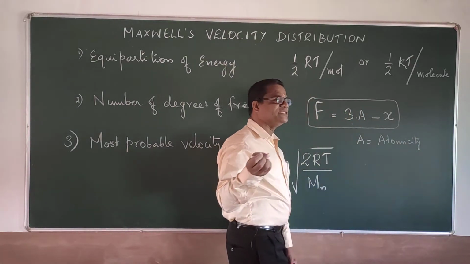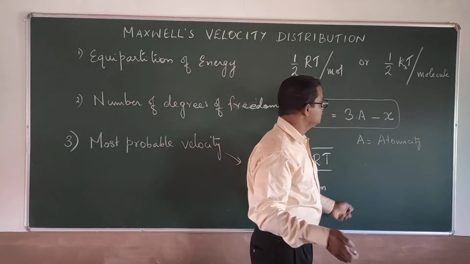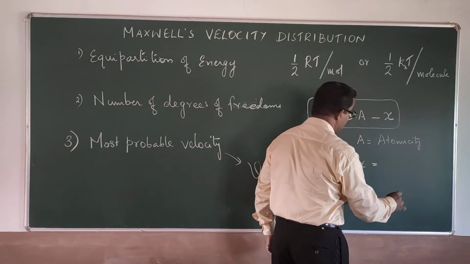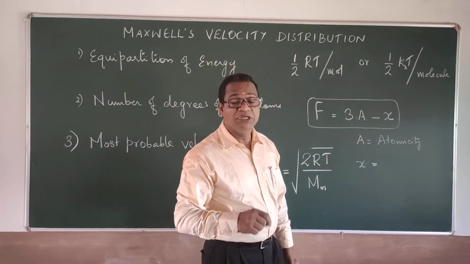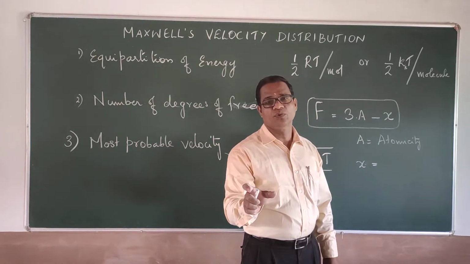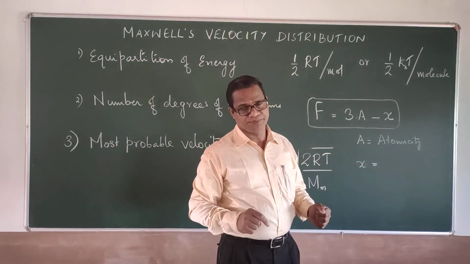That gas can be monatomic, diatomic or triatomic, that is called atomicity. Then X means the number of independent relationships between the atoms of the molecule you can consider.